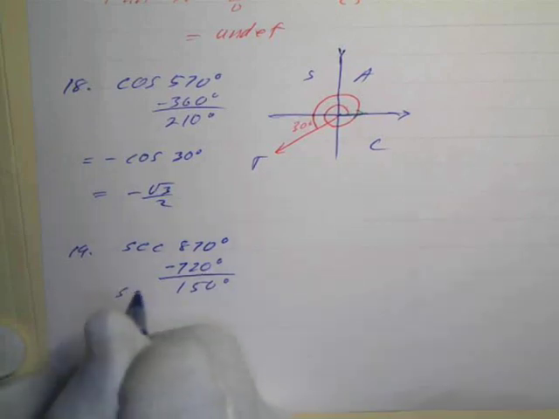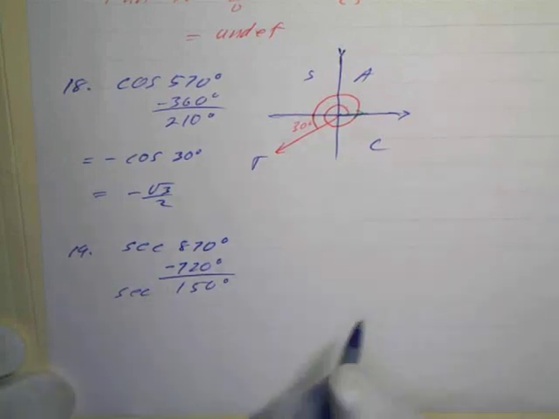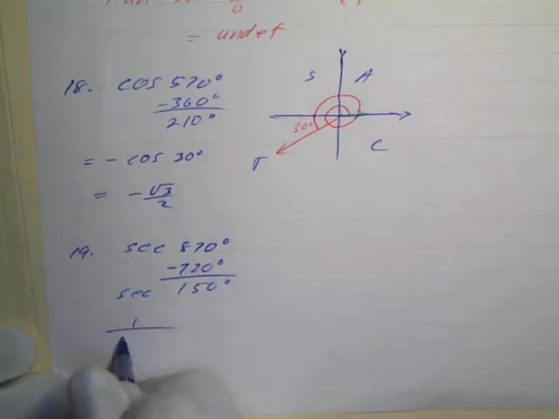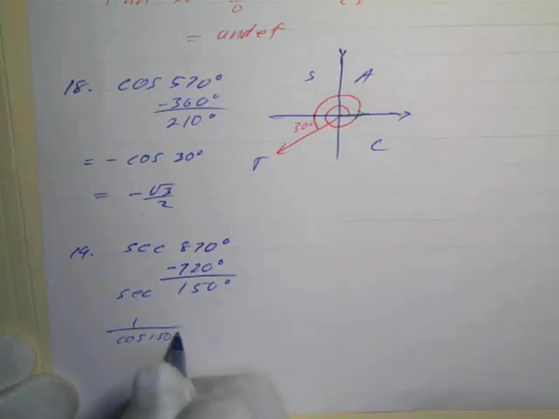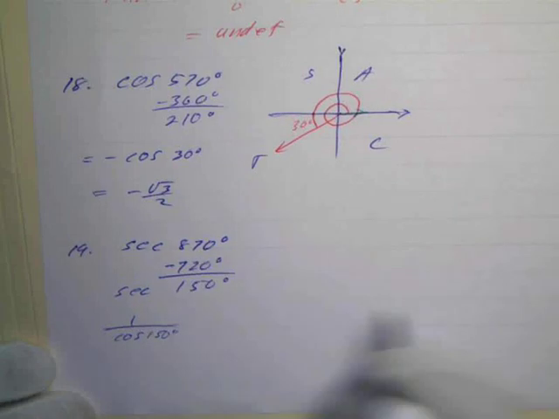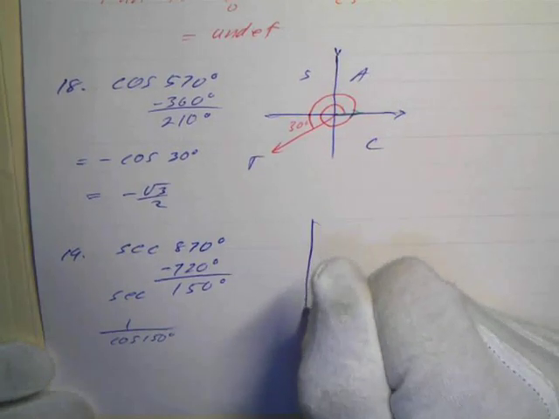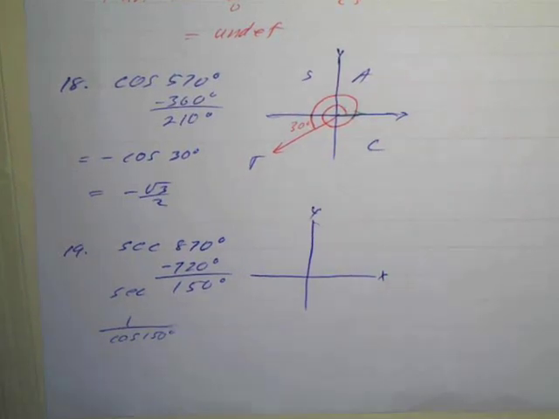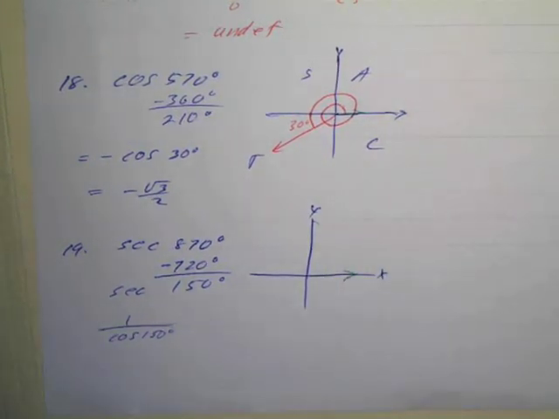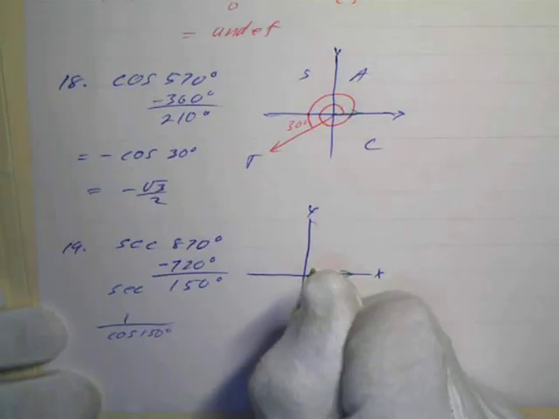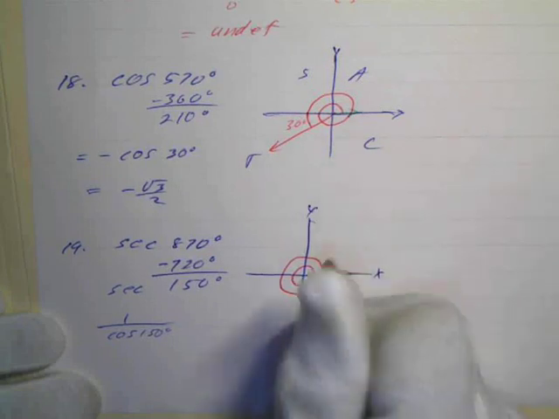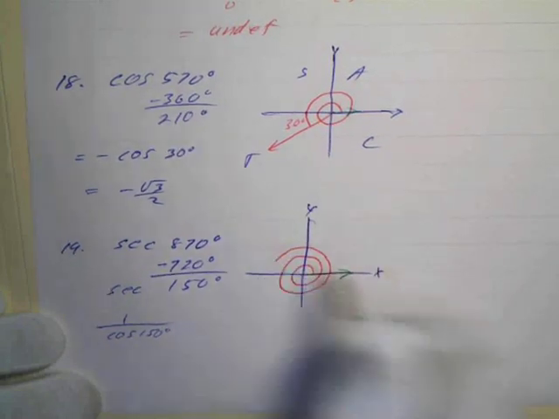So it's going to be the same thing as the secant of 150 degrees, or 1 over the cosine. So if we sketch it over here, there's my initial side. Going around twice, that's 360, that's 720, and then another 150, so there's 90 and 60.